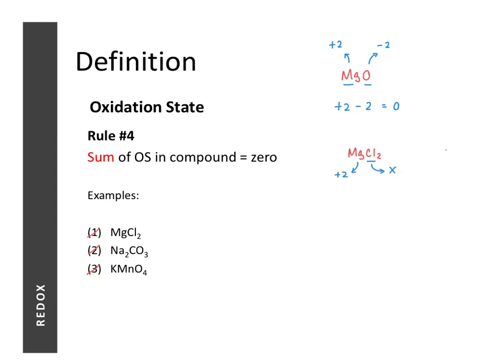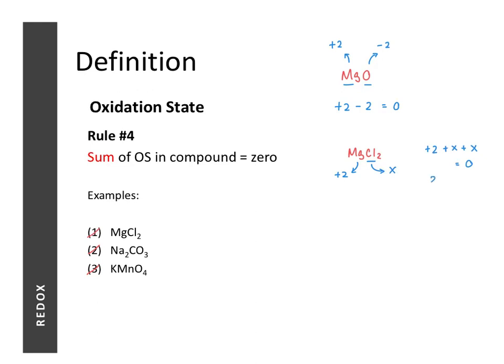Now, we can apply this rule in order to find out the value of X. How do we do so? We sum up the oxidation states for all the atoms in the compound. So +2 plus X, and there are 2 atoms of chlorine, so plus X, equals 0.